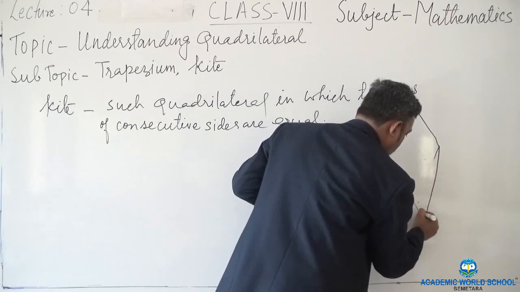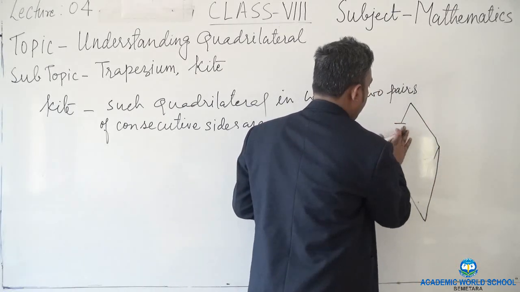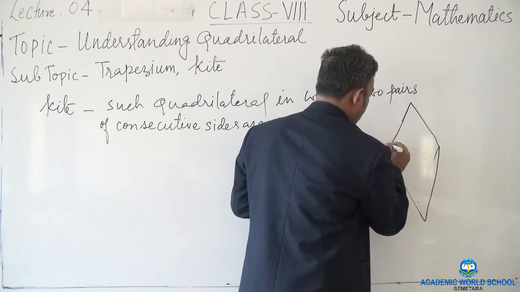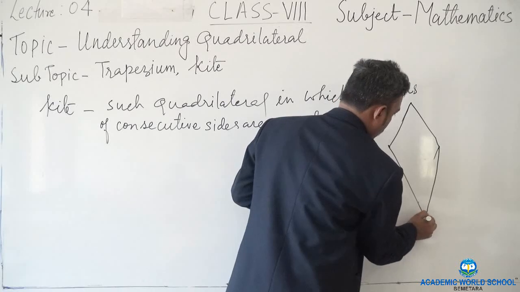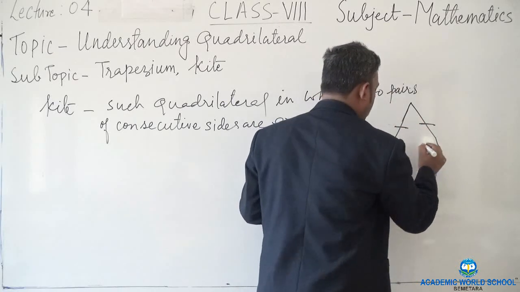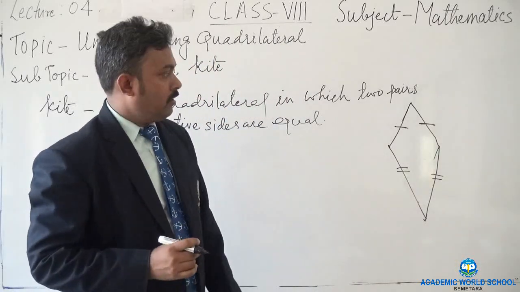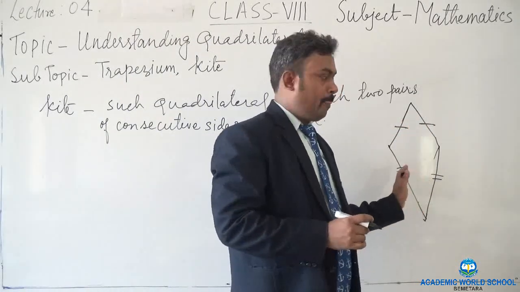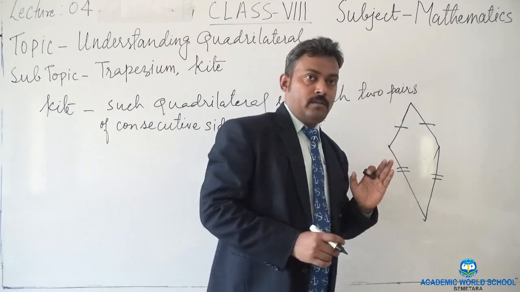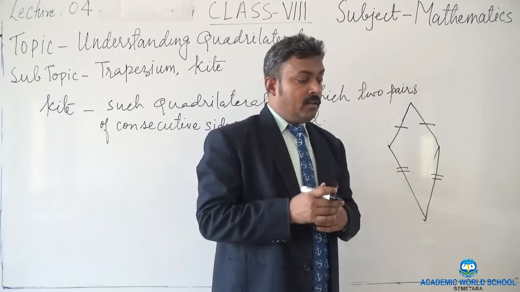So here you see that this side is equal to this side, and this side is equal to this side. The consecutive pairs of sides are equal. Such a quadrilateral is called a kite.